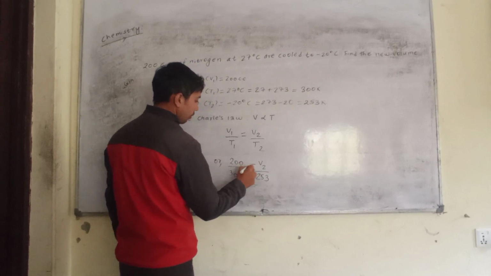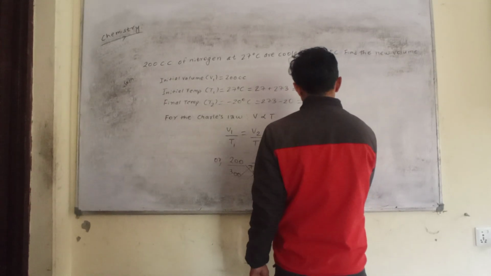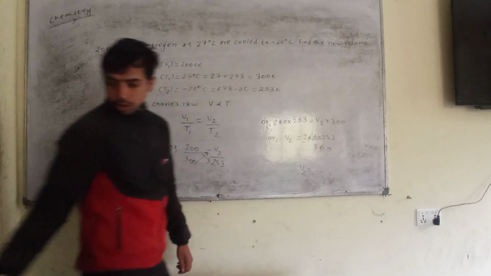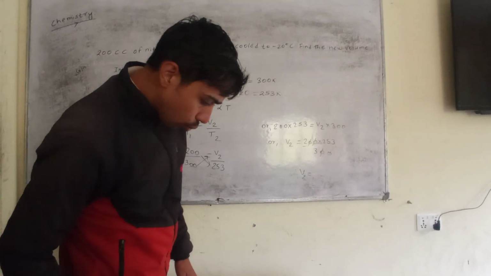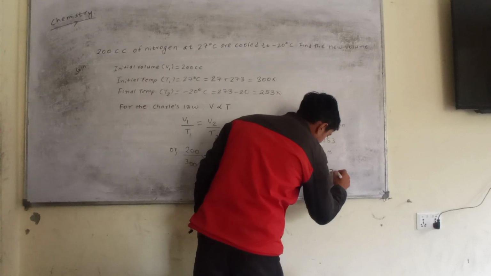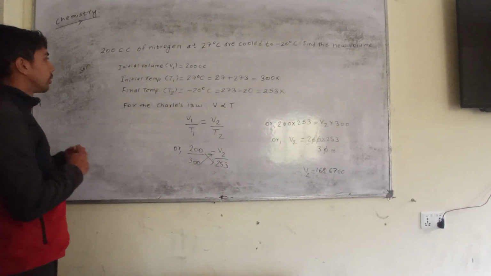So we need to cross-multiply here. 200 into 253 upon 300, V2 equals 168.67 cc.